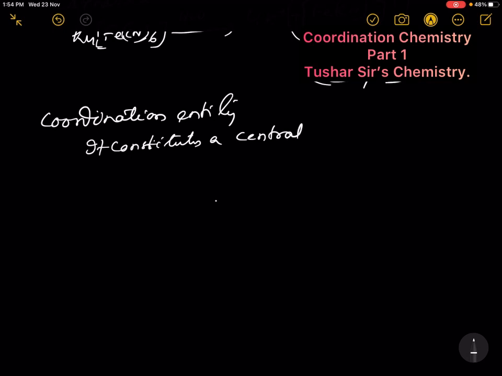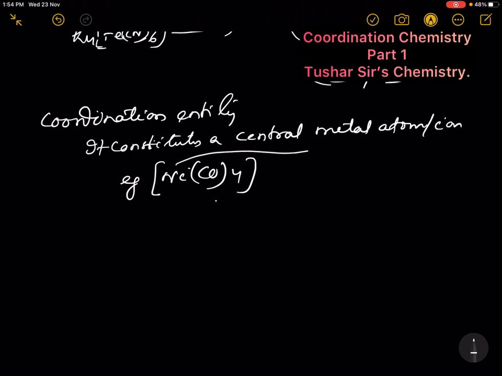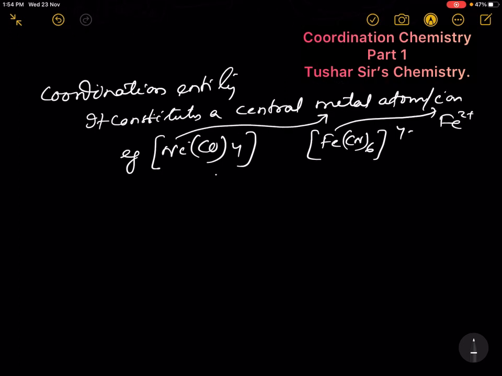Example, Ni(CO)4. Nickel is the central metal atom. [Fe(CN)6]4- contains Fe2+, the central metal ion. Here you see nickel is surrounded by 4 carbon monoxide molecules, and this is the coordination entity.